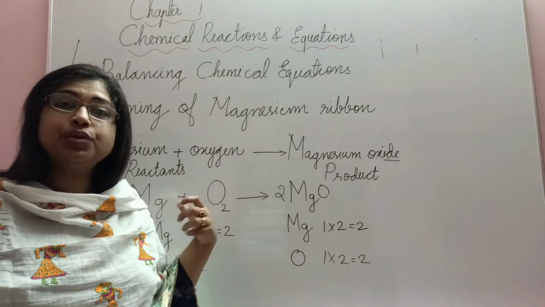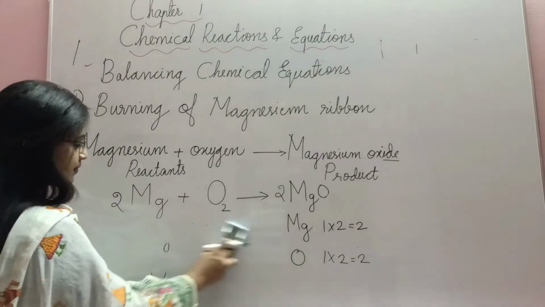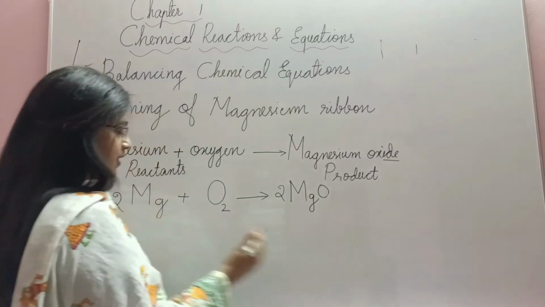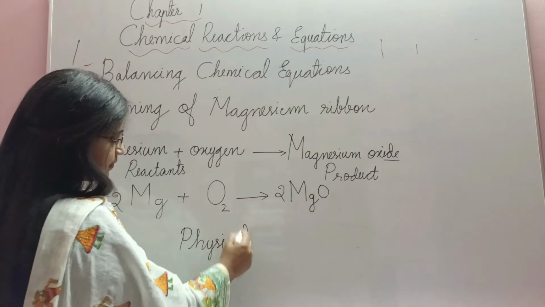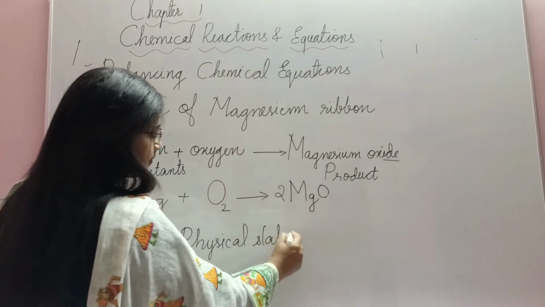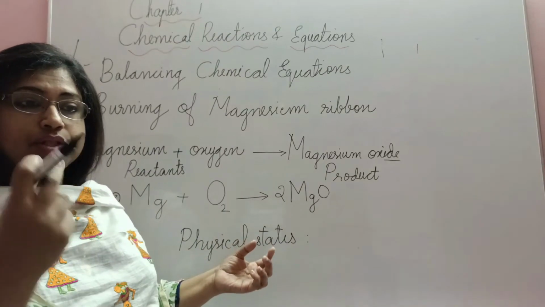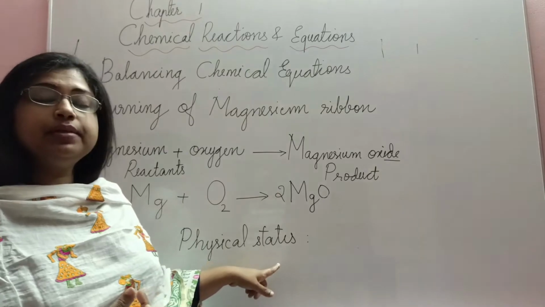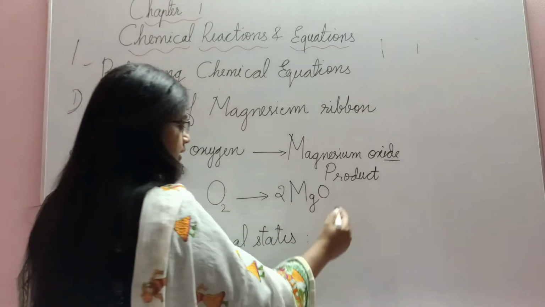Now you can also show the physical states. Physical states can be represented in the form of some letters that show the short form. For example, if the reactant is in the solid state, you can write like this.